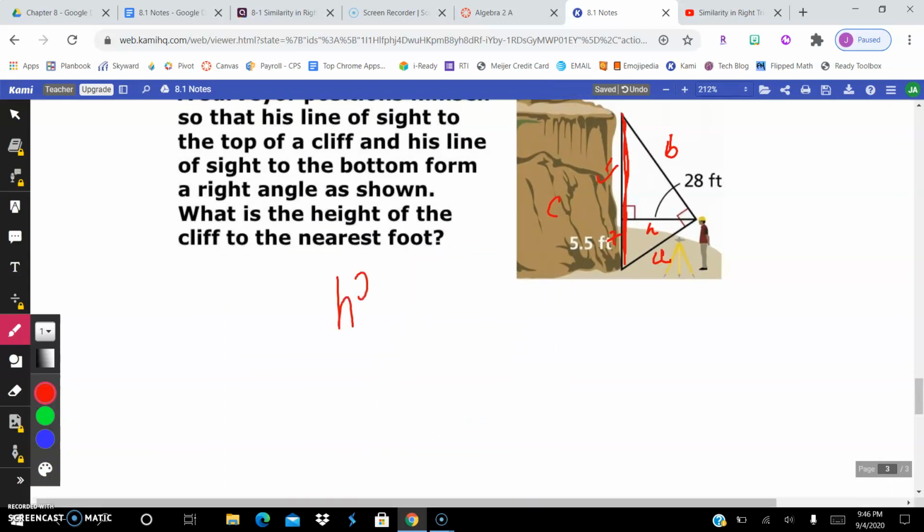So H squared equals X times Y. H is 28, and X is 5.5, and Y is still going to be Y because we don't know what that is in this picture. So 28 squared, 28 times 28 is going to give us 784.